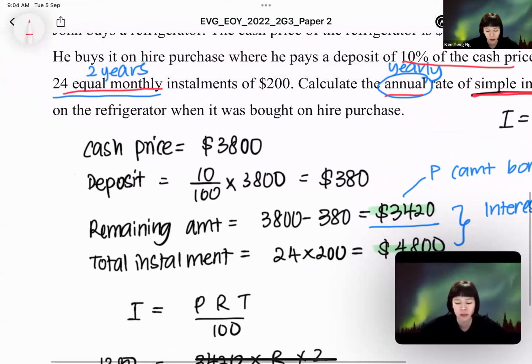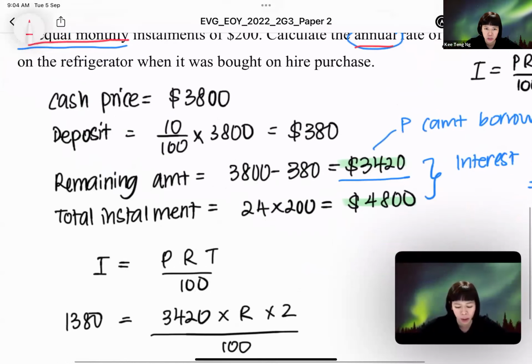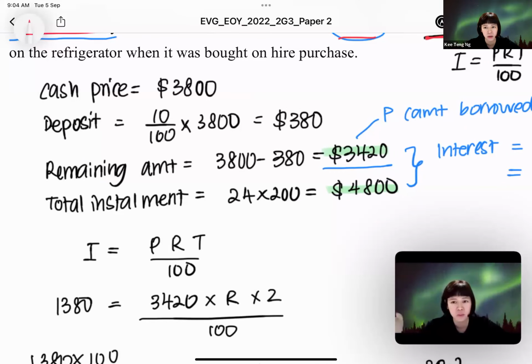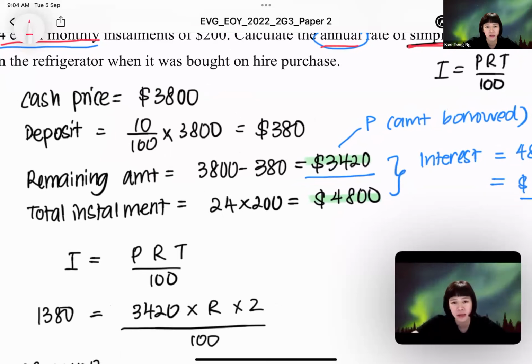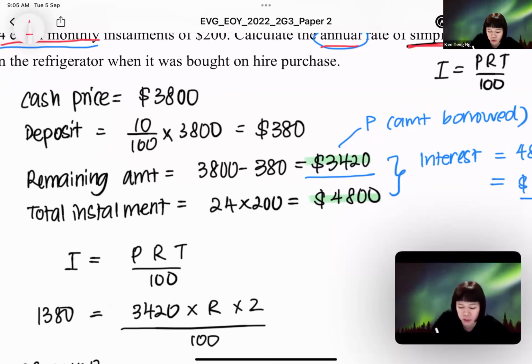So the amount of money that I'm going to charge interest on, which is this P, the principal amount, has to be the cash price minus the deposit that you have already paid. So this is a very crucial number. You must make sure you have this number.